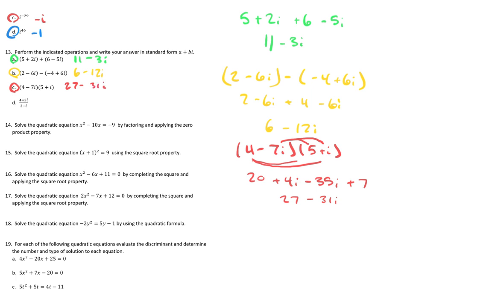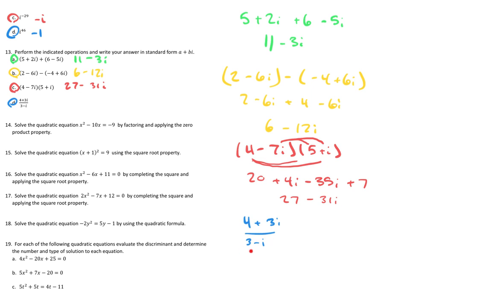Okay, then lastly, we're going to divide two complex numbers. This one's probably the trickiest, but you're always going to have the same approach. So we have 4 plus 3i over 3 minus i.